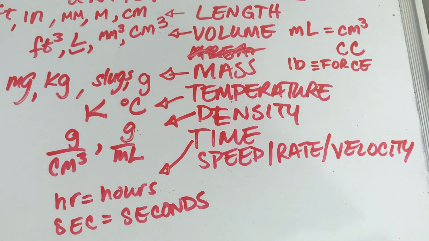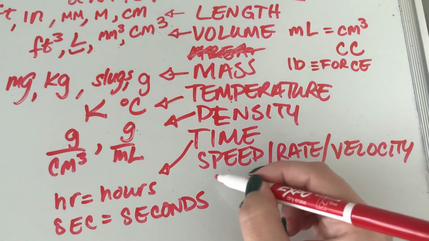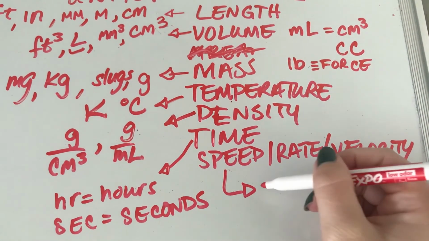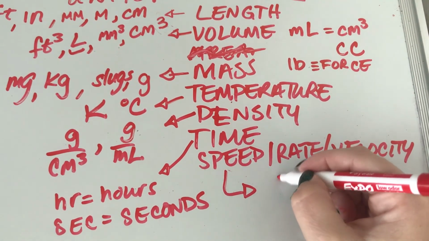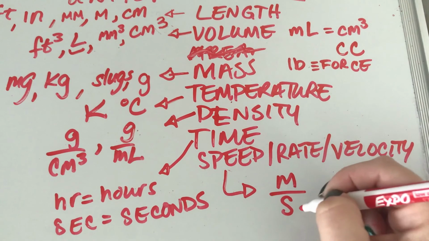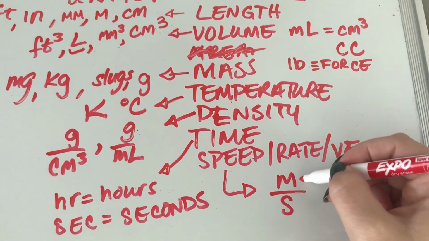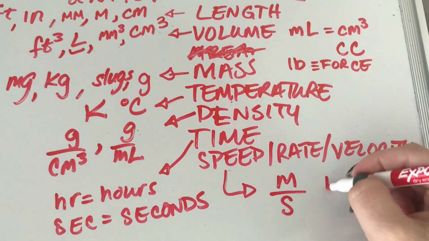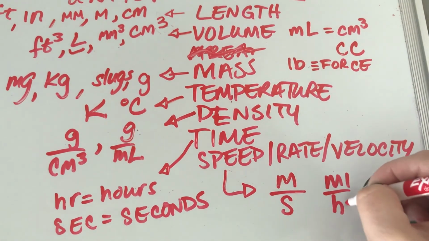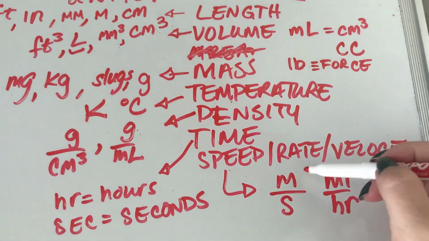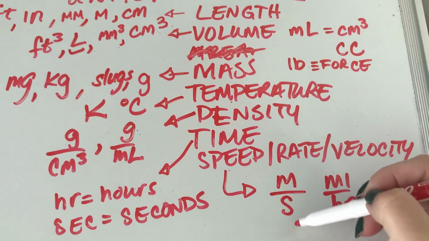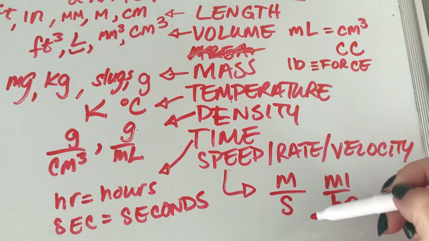And then we won't really deal with speeds or rates, but this is another unit ratio, and this will have distance divided by time. So something like meters per second, miles per hour. It's always a length per some time.